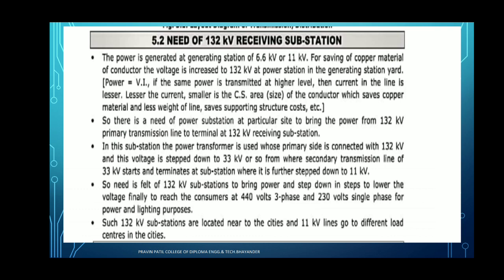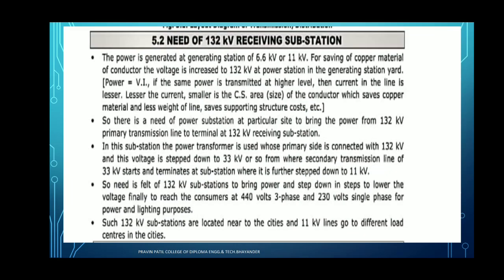So for the material, the copper, the power is generated at the generating station at 6.6 kV or 11 kV. For saving the copper material of the conductor, the voltage is increased to 132 kV at the power station in the generating station yard.